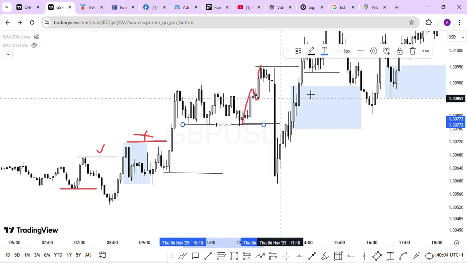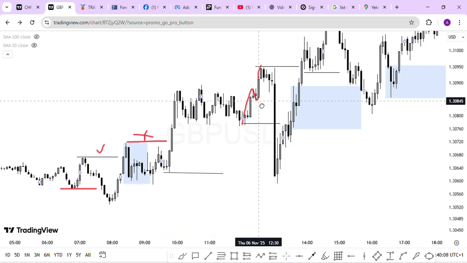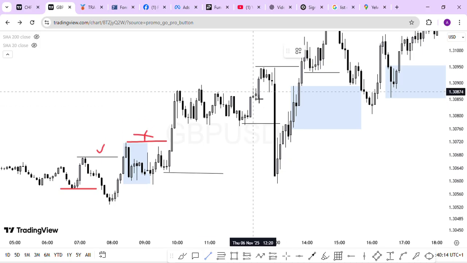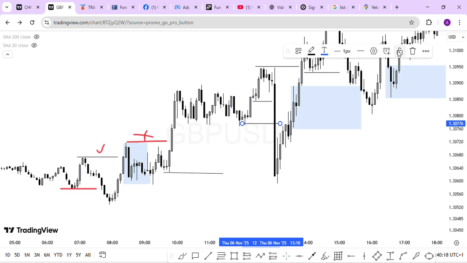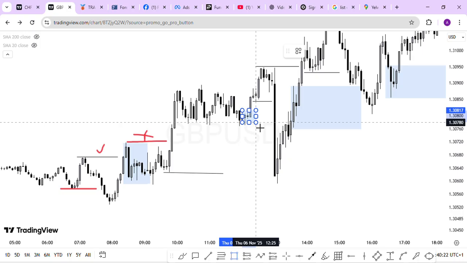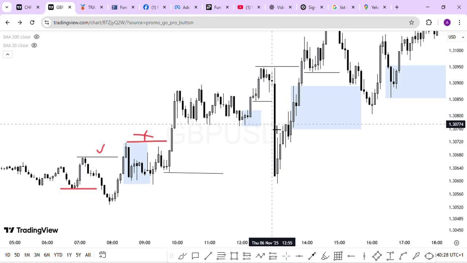And if you are still using this as your inducement, you are still correct. So this will only serve as your decisional POI. But remember I said it's 50-50. There's nothing certain. Decisional POI is a low probability POI.